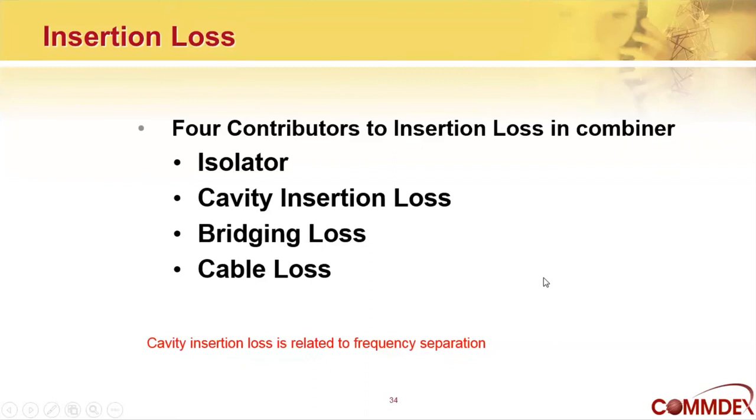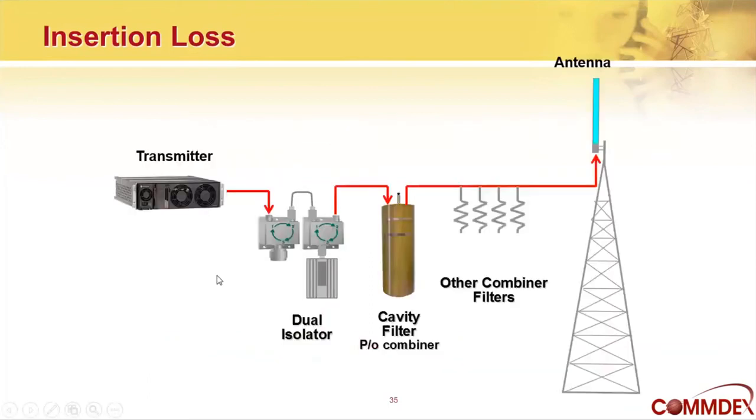We talked about insertion loss. Because it has cavities and bridging loss and cable loss, we have some insertion loss in the combiner. So it's not uncommon that a 100-watt transmitter will only allow 50 watts to go out of the combiner, but that's still plenty. So this diagram shows the different components of insertion loss within a transmitter combiner.